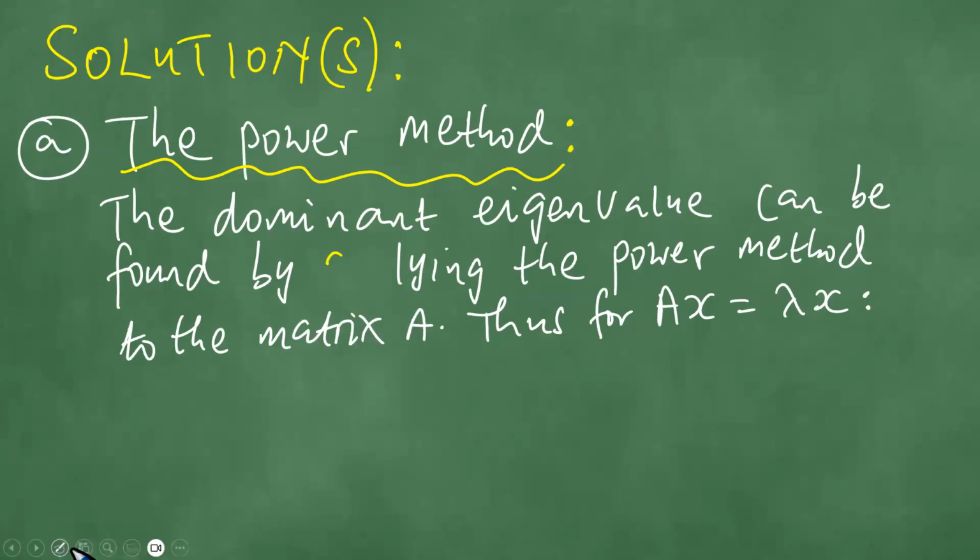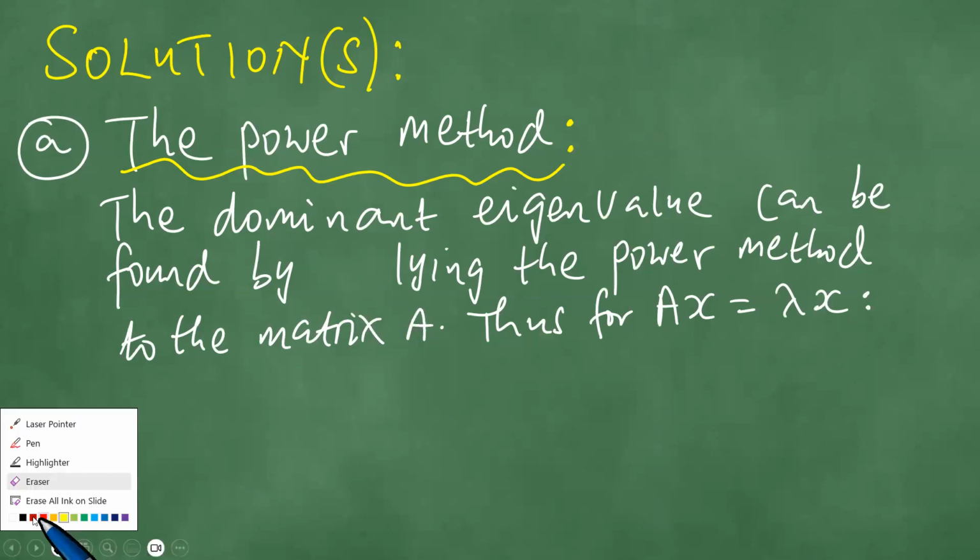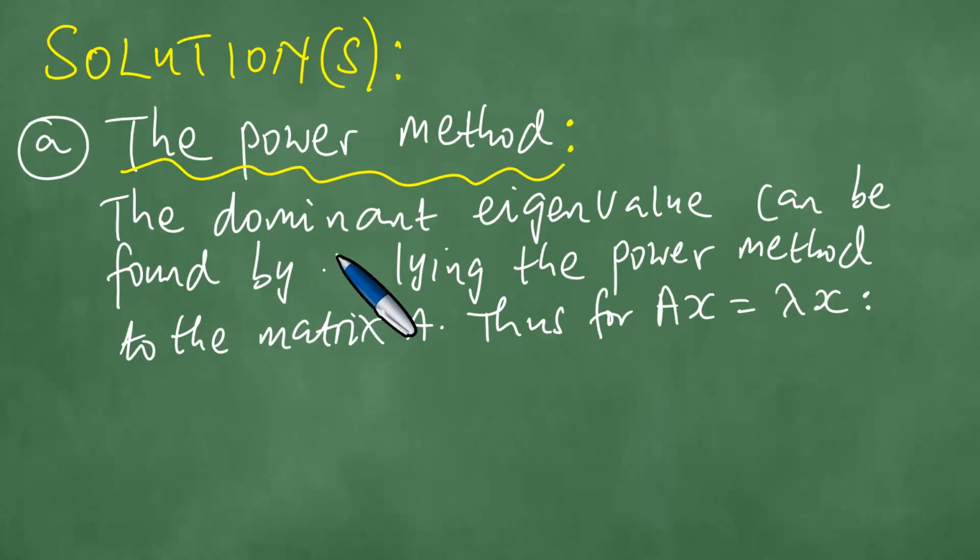Forgive me, I'm not picking the right color. So now we continue. The dominant eigenvalue can be found by applying the power method to the matrix A. Thus, for Ax equals lambda x, and lambda is the eigenvalue. Let us find these.